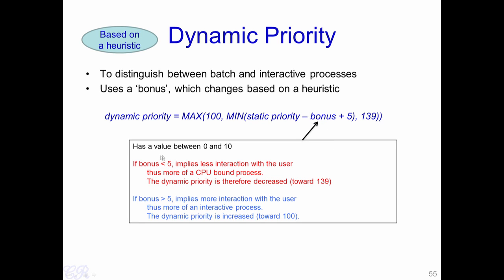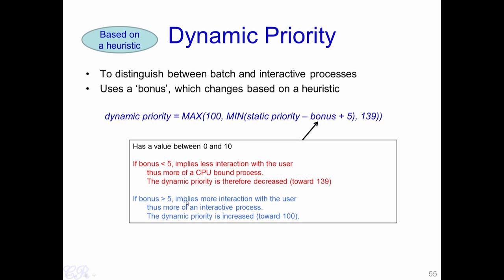Essentially, this bonus has a value between 0 and 10. If the bonus is less than 5, it implies there is less interaction with the user. Thus, the process is assumed to be more of a CPU bound process. The dynamic priority is therefore decreased, that is, it goes towards 139, a low priority task.